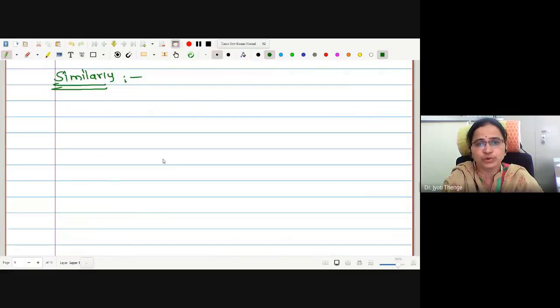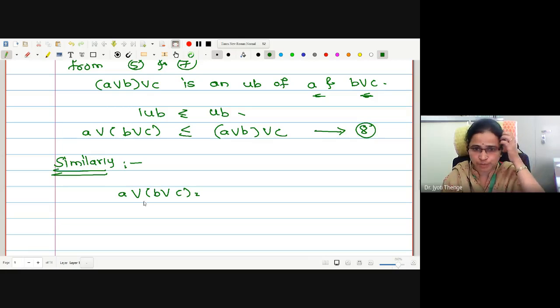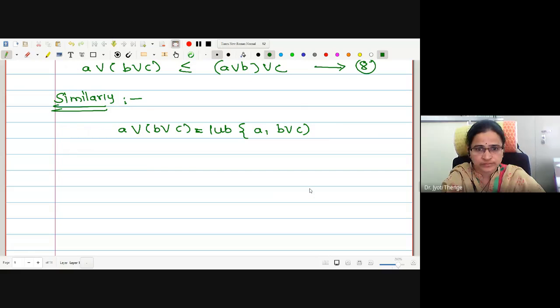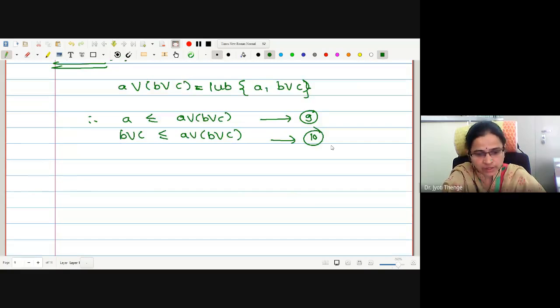We have to prove that A join B join C is less than or equal to A join with B join C. With the same structure, we will start with A join B join C and try to prove this is an upper bound of A join B and C. According to the definition, this is the least upper bound of A and B join C. If this is the least upper bound, one can very easily write A precedes A join B join C. Similarly, B join C also precedes A join B join C. Let me call these statements number 9 and number 10.